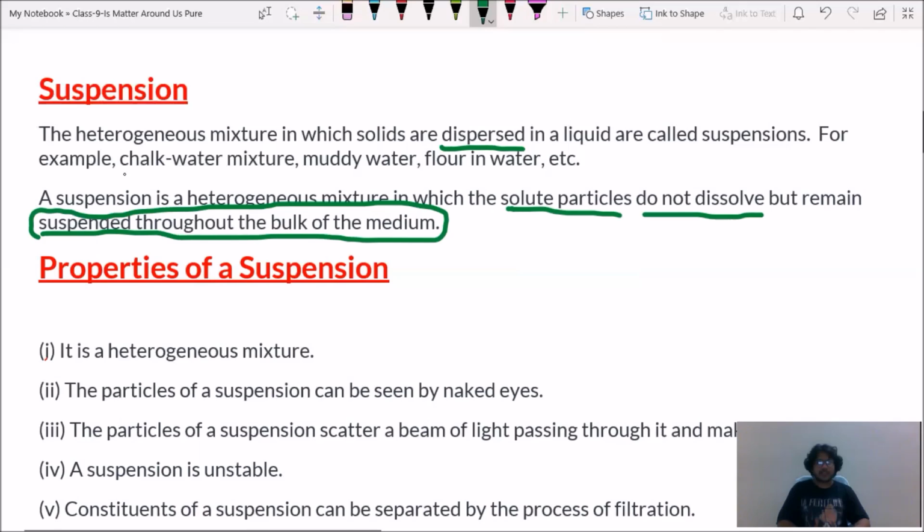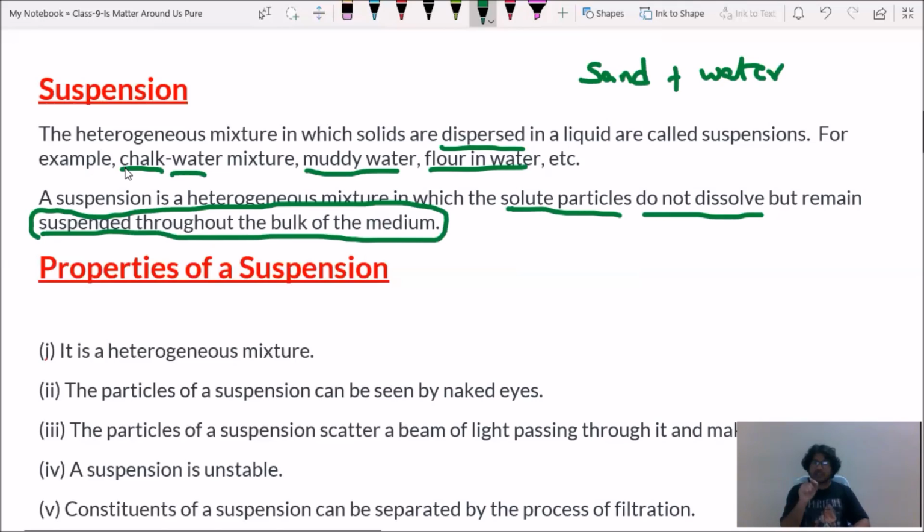Best examples we can take: add chalk powder in water, you can add mud in water, sand in water, some flour in water. If you add some sand particles in water, that sand will not dissolve in it, it will just settle at the bottom. We can see some properties of suspensions.